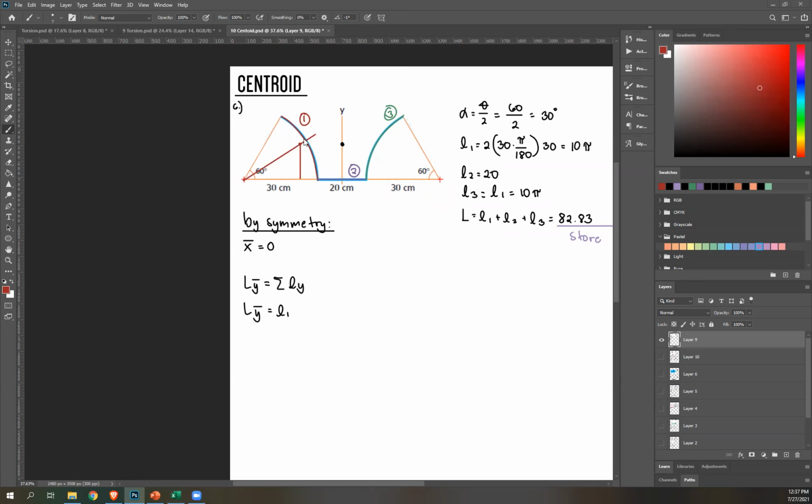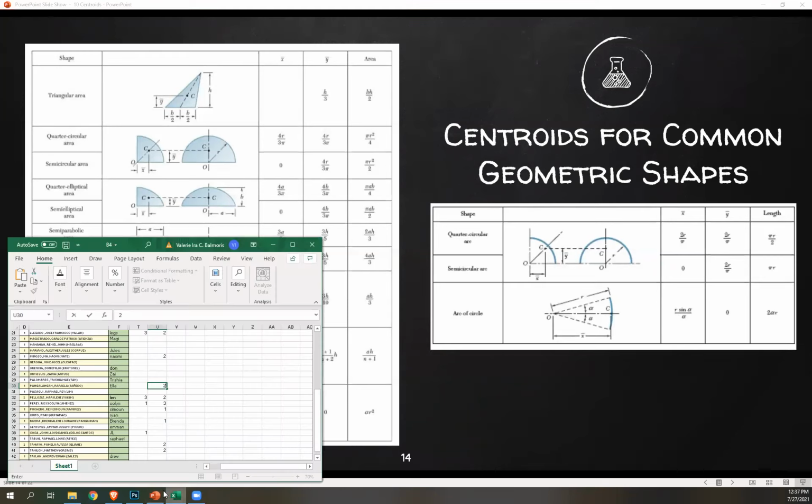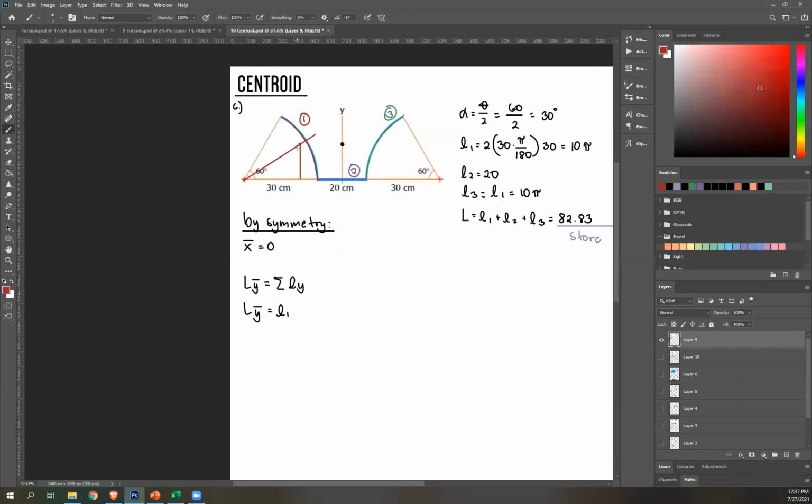And then along that line, this is the distance of your centroid, which is r sine alpha over alpha. So this length, from here to here, is r sine alpha over alpha. And this is what I want to get. Like you've noticed, we have a right triangle, and this angle is your alpha.